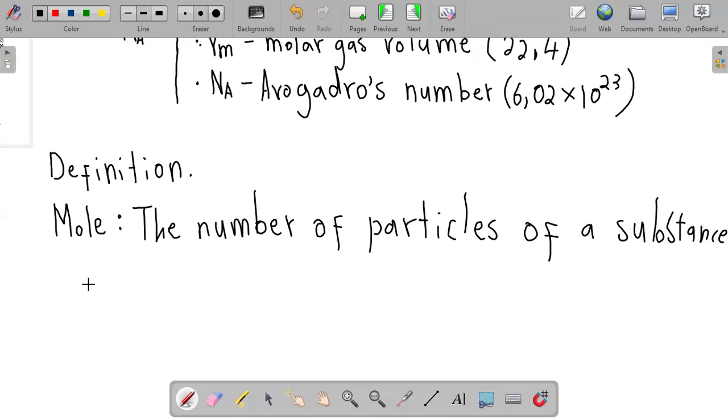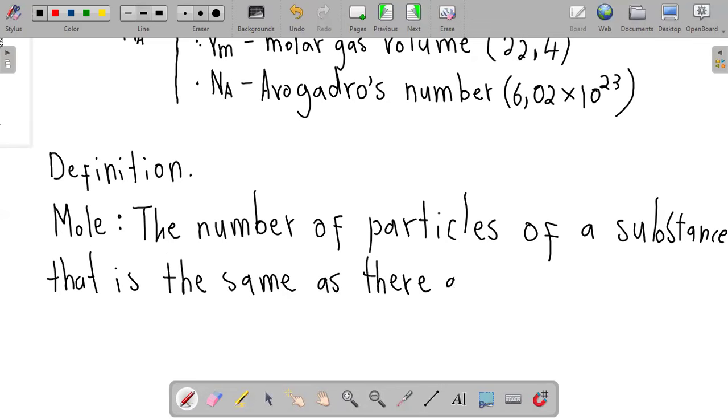The number of particles of a substance that is the same as there are atoms in 12 grams of carbon 12.